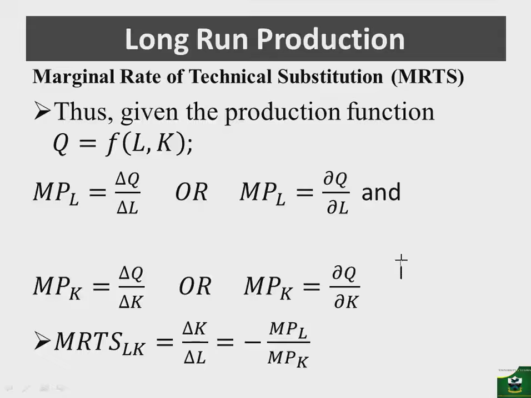In other words, what we are saying here is that the marginal rate of technical substitution of labor for capital is equal to the negative of the marginal product of labor divided by the marginal product of capital. So we are putting this negative here to show that the slope of an isoquant is downward sloping.